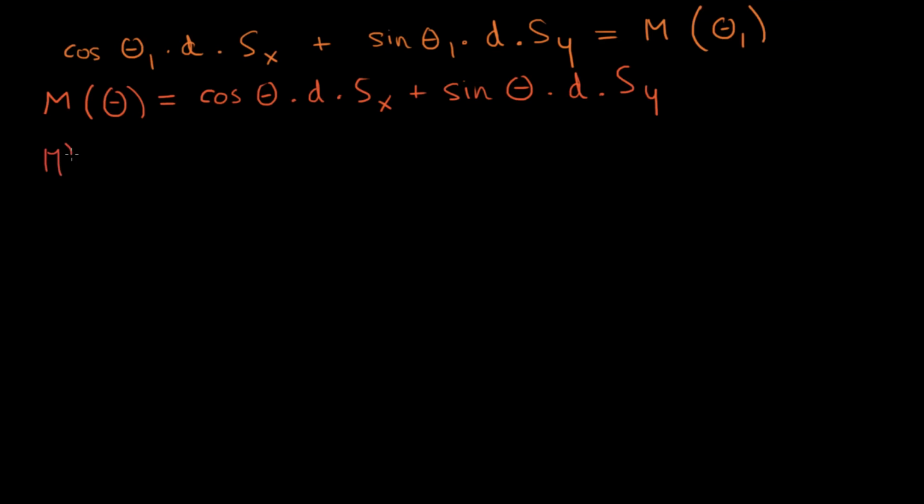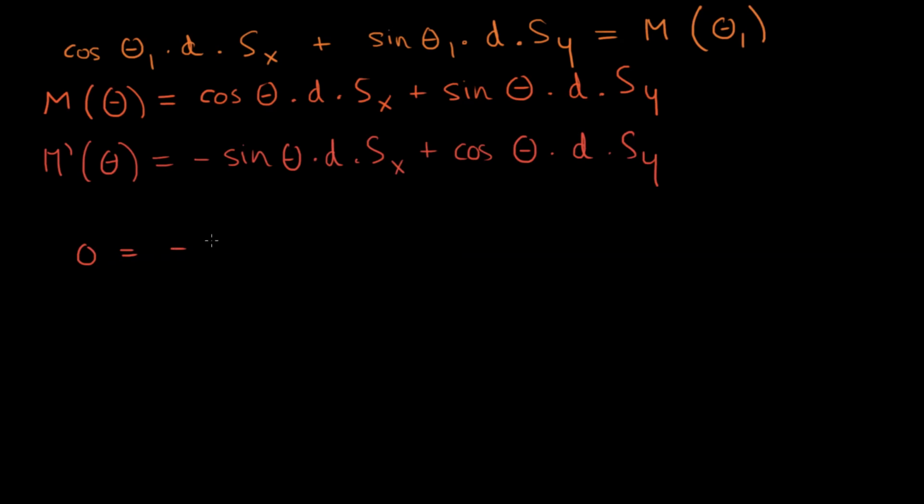This will be the function m prime of theta, and it will be equal to minus sine of theta times d times s sub x plus cosine of theta times d times s sub y. Now if we set m prime of theta to be equal to 0, theta would have to satisfy the following equality. 0 equals minus sine of theta times d times s sub x plus cosine of theta times d times s sub y.